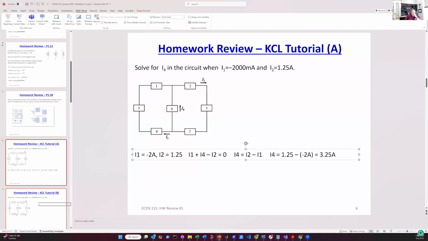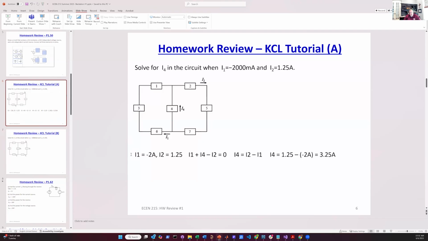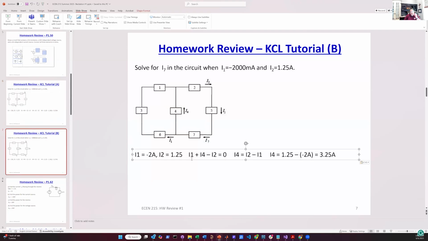Ready? All right, then we have something similar here. For this particular problem, we're being asked to solve for I7. We have the same setup. I1 is equal to minus 2 amps. I2 is 1.25 amps.